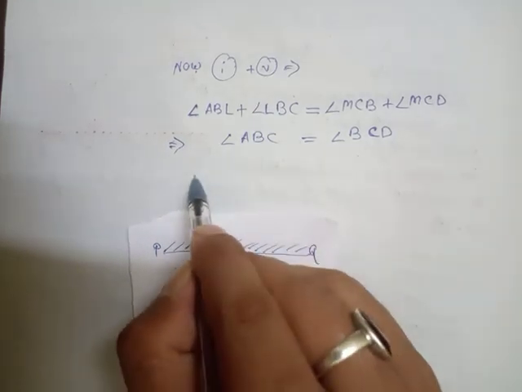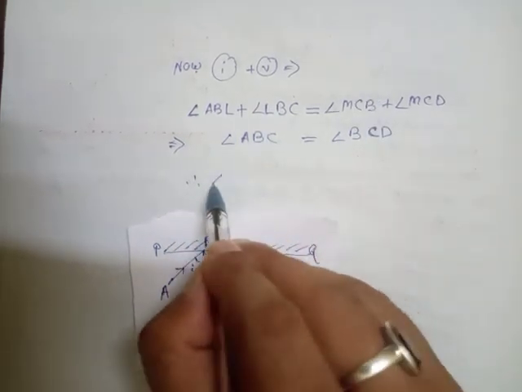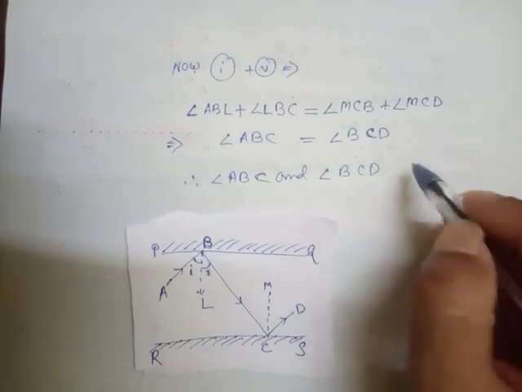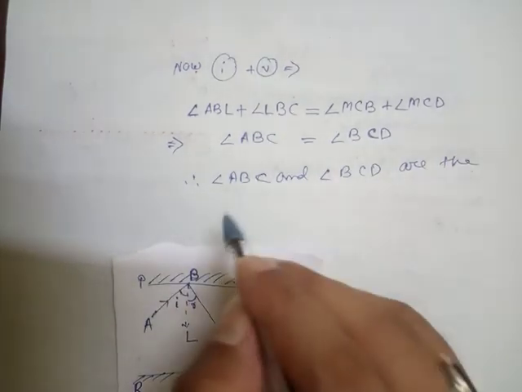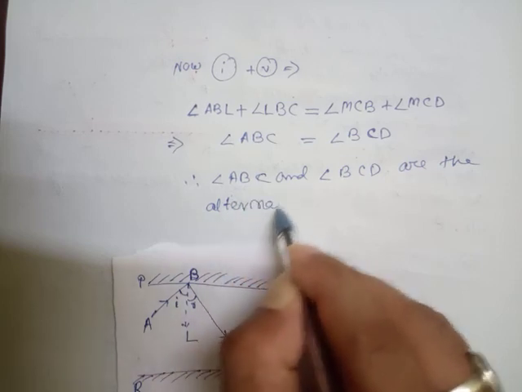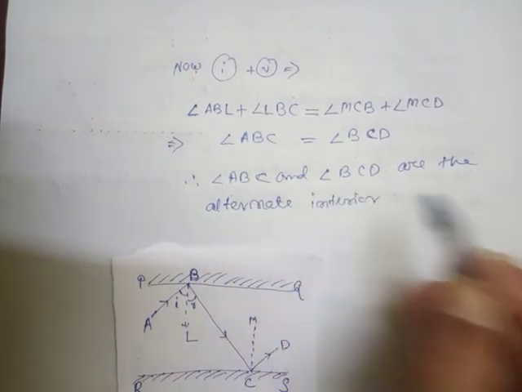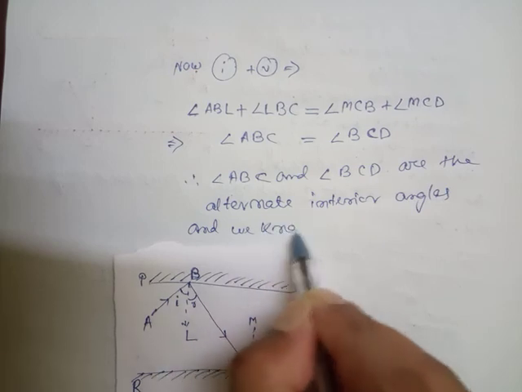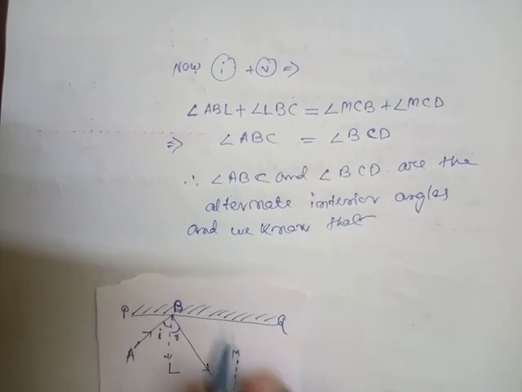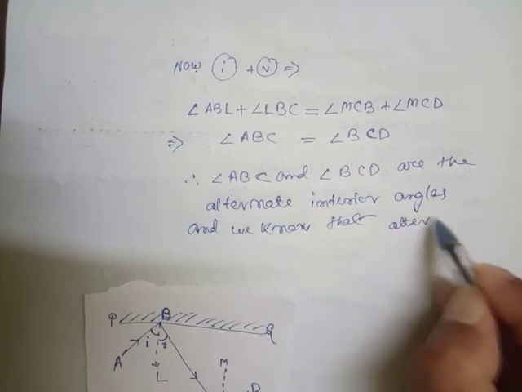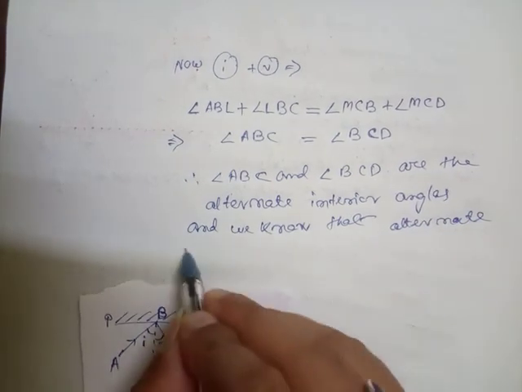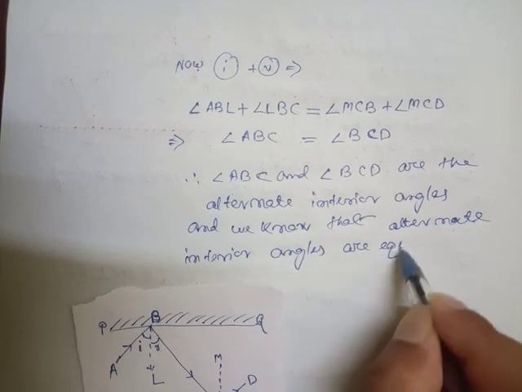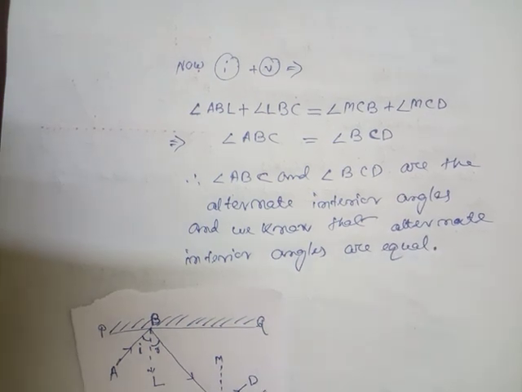So we'll write down here, therefore angle ABC and angle BCD are alternate interior angles, and we know that alternate interior angles are equal.